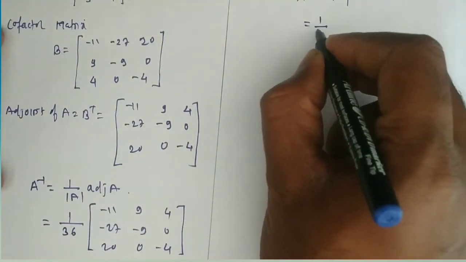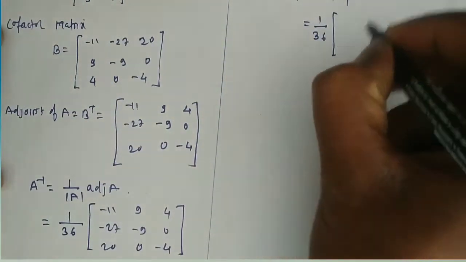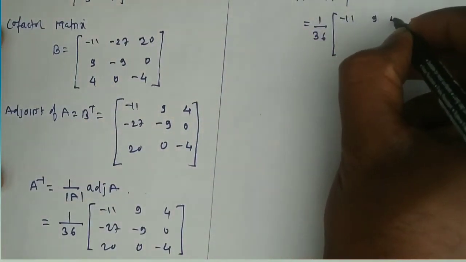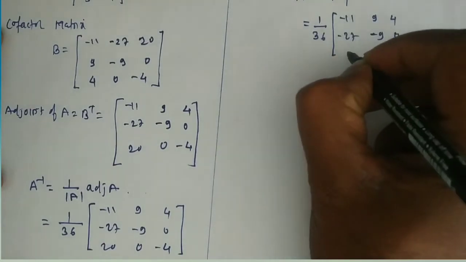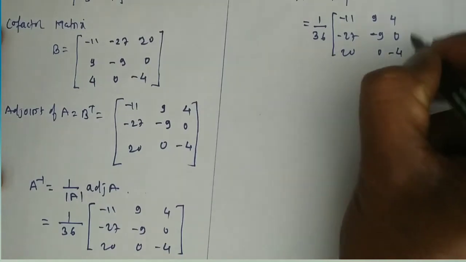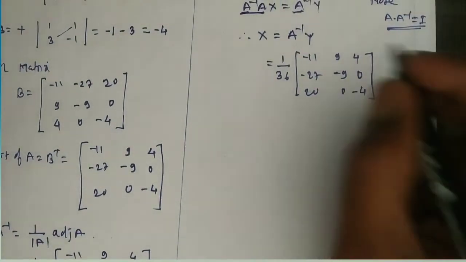Okay, so I will substitute what A inverse is here. So A inverse is 1 upon 36 and this: minus 11, 9, 4, minus 27, minus 9, 0, 20, 0 and minus 4. Correct. So I substituted A inverse.